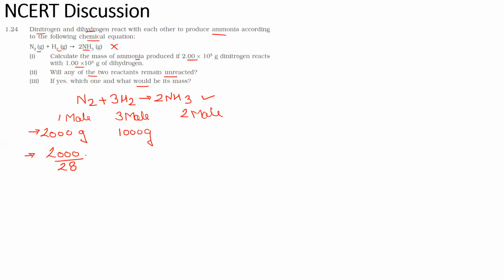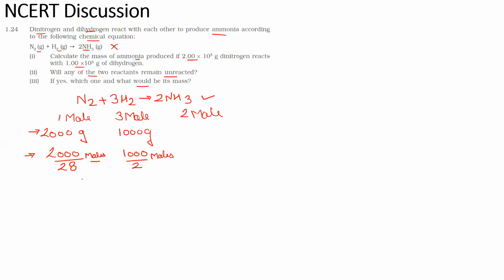So this is 2000 by 28 moles. If we talk about dihydrogen, it is 1000 by 2. Molar mass of dihydrogen is 2. It is 1000 by 2 moles.